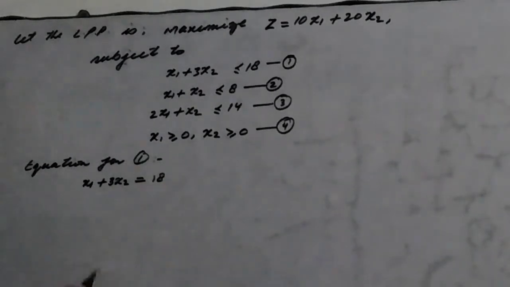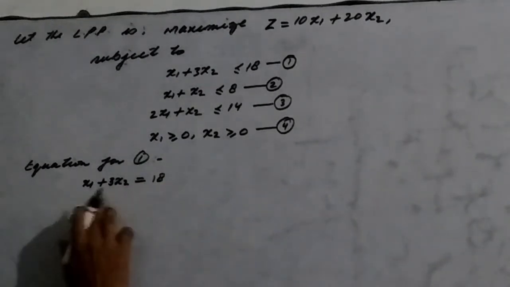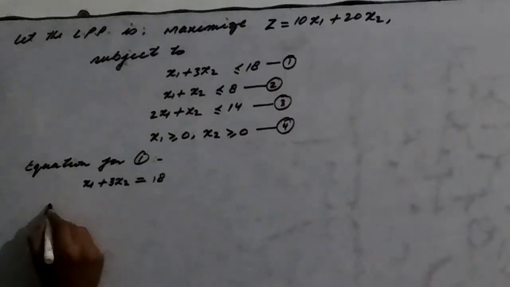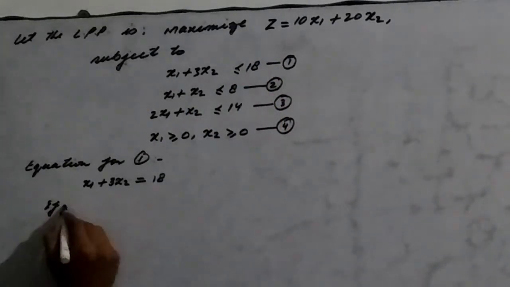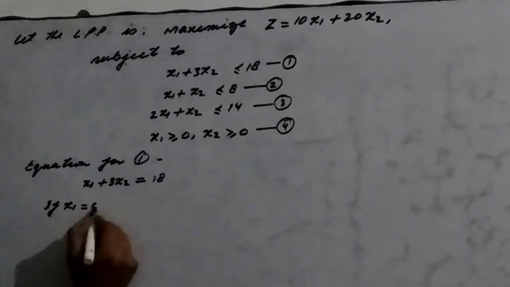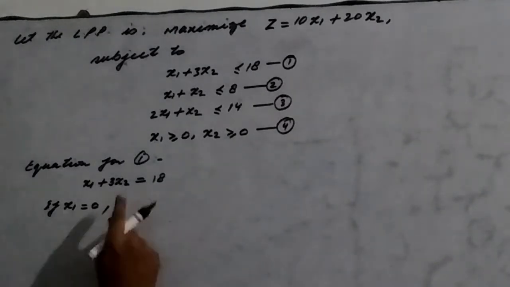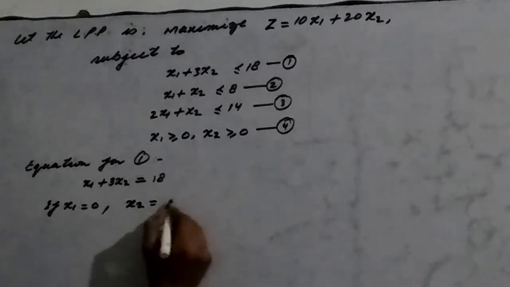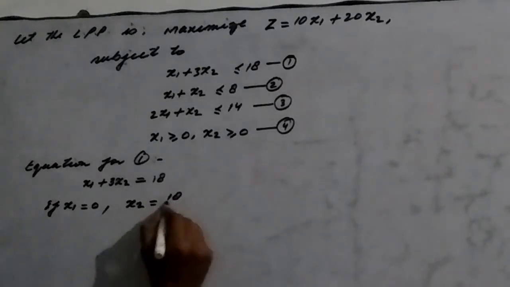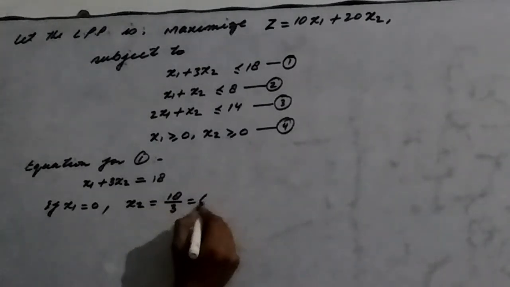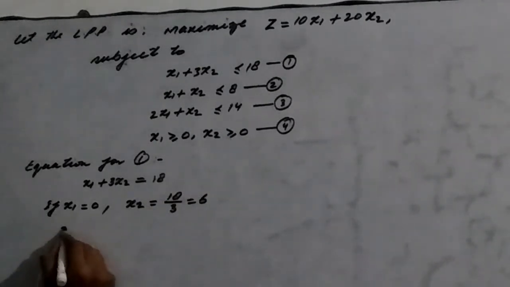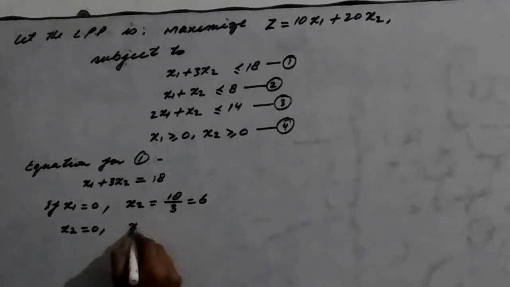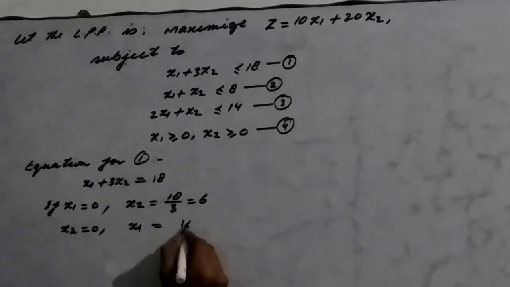And then after writing the equation for this inequation, we take x1 as 0 to find the value of x2. So x2 is equal to 18 upon 3, that is 6, and then putting x2 equal to 0, we find x1, which is equal to 18.